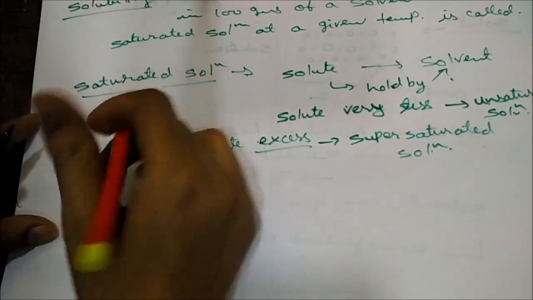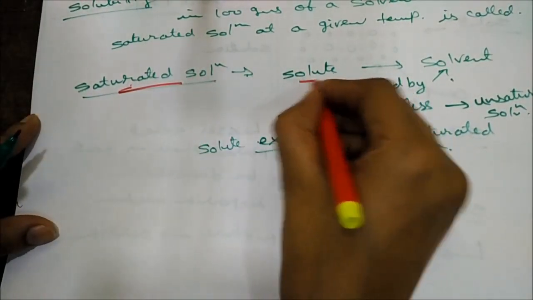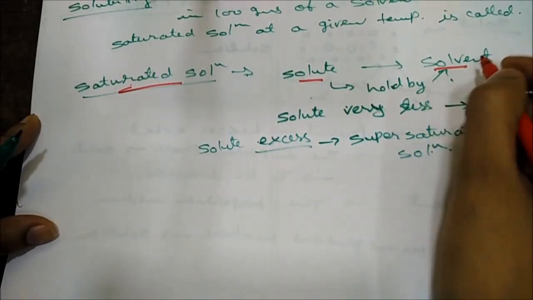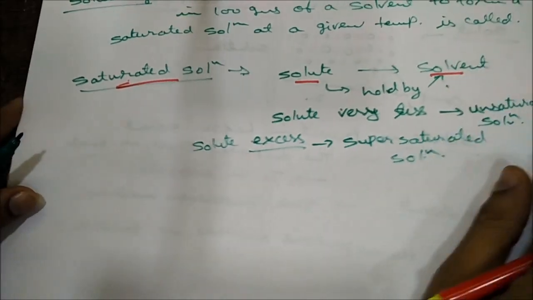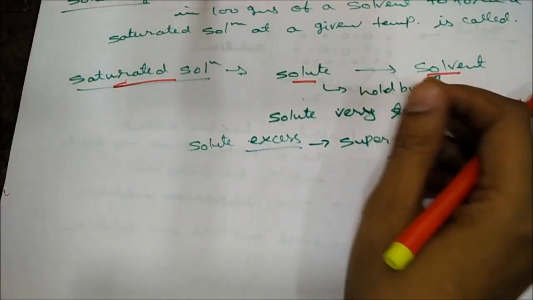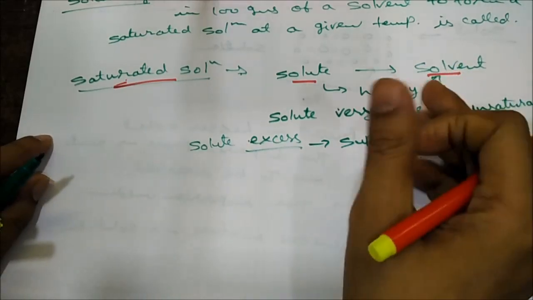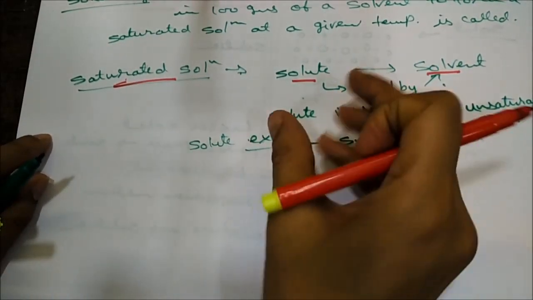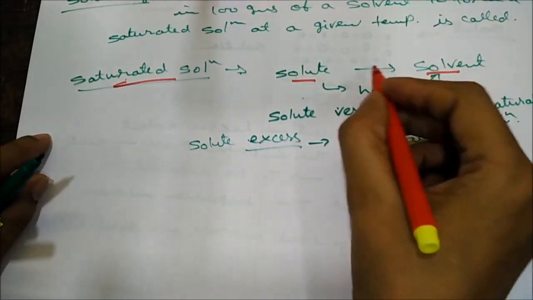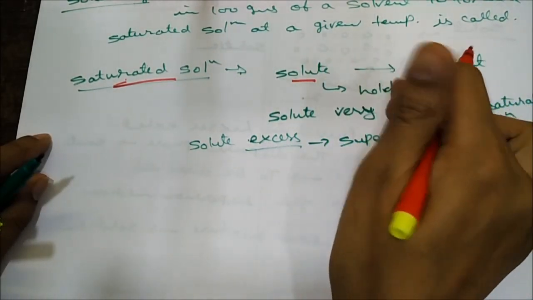In a saturated solution, the solute and solvent proportion is in a fixed ratio. Means in saturated solution, a solvent can hold a particular amount of solute, so that type of solution will be called a saturated solution.